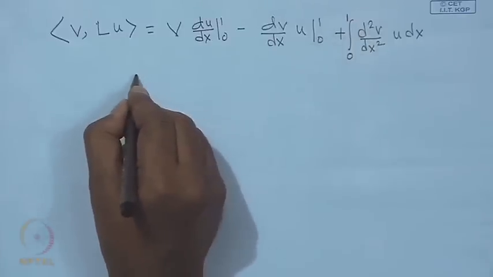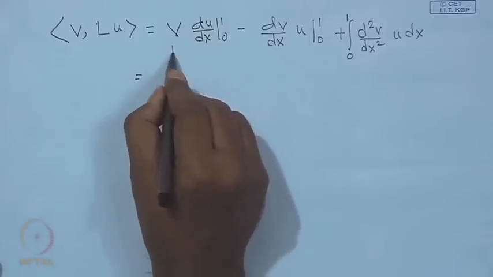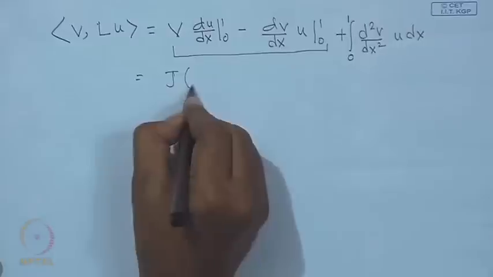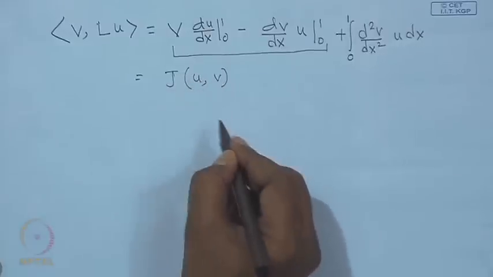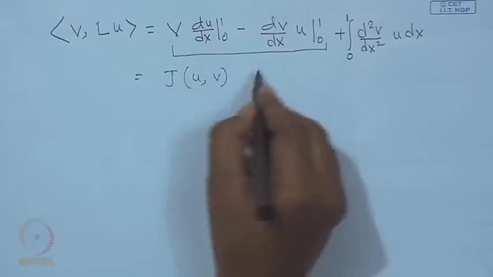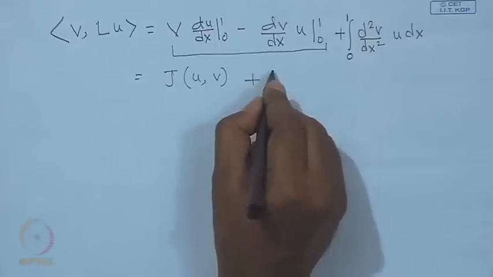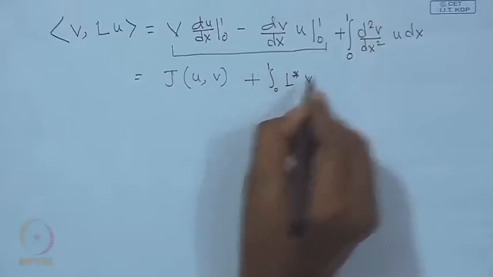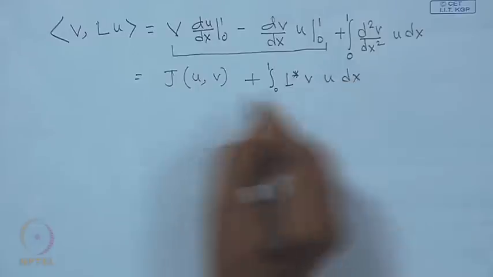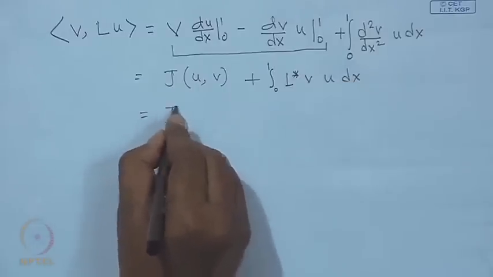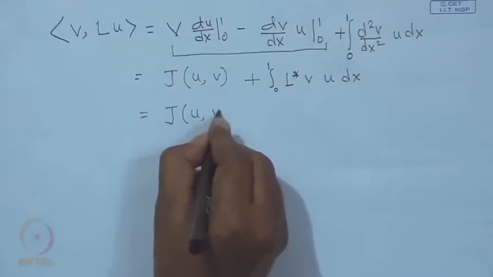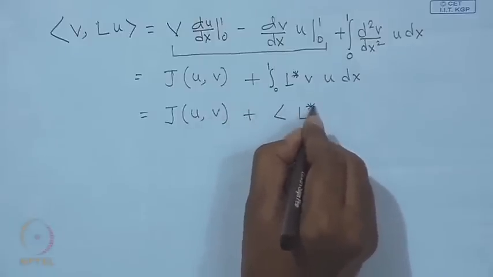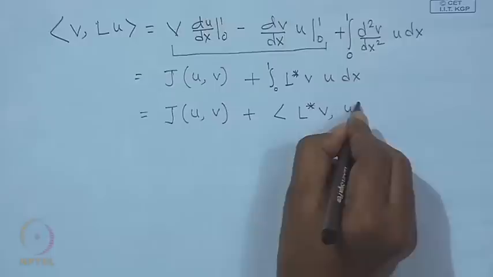Okay. So, this is the bilinear concomitant part. So, we write it as J of the function of u and v, from 0 to 1, plus the integral of L star v times u dx. So, we can write it in this form: J(u, v) plus the inner product of L star v and u.